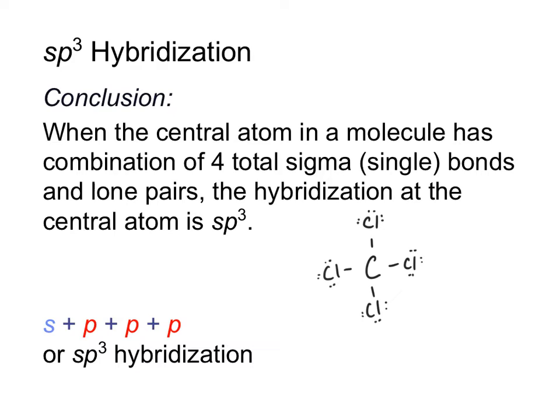And so those 4 sigma bonds must be residing in sp3 hybrid orbitals around our carbon atom. And so we need, again, 4 sigma bonds, and those hybrid orbitals will come from taking 1 s orbital and 3 p's for an sp3 hybridized orbital set.